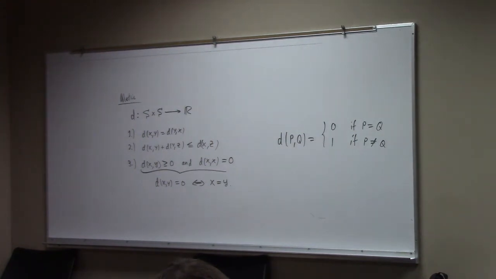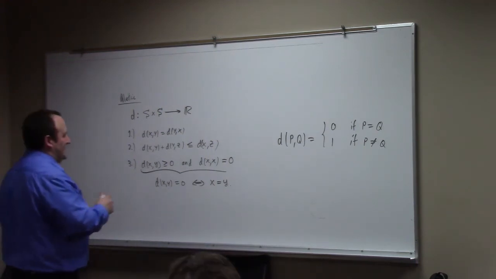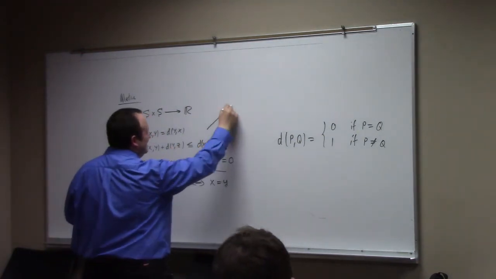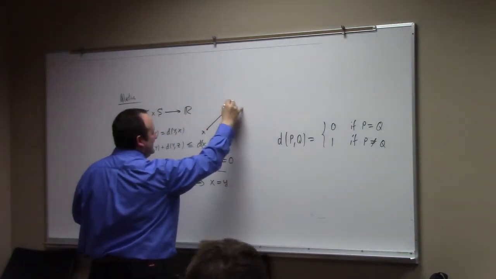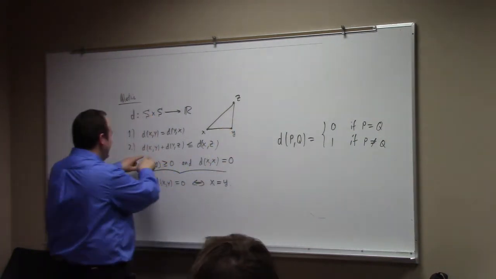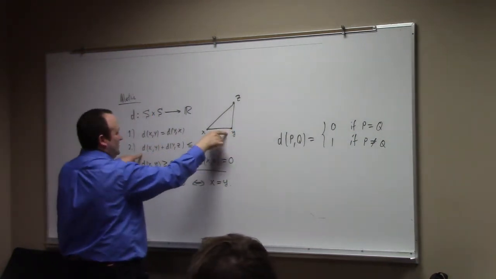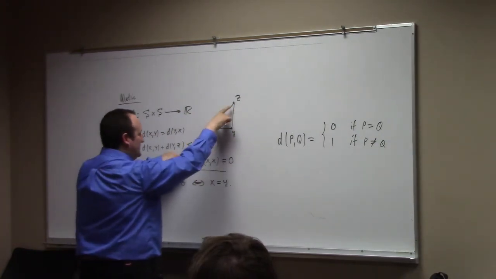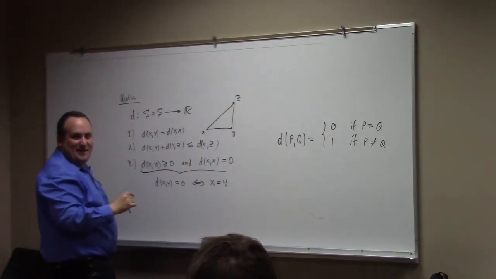Does that look like a sort of strange triangle inequality, right? Because I'm saying that the distance from x to z is, look at this, it's pretty neat. This distance plus that distance is less than or equal to the hypotenuse distance. That doesn't make a lot of sense, does it?